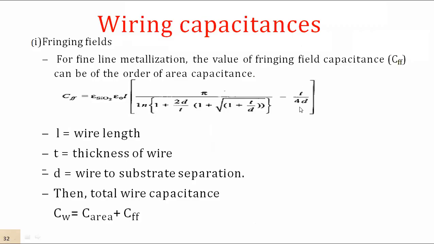Okay, next is the wiring capacitance. What is meant by wiring capacitance? What are the sources of wiring capacitance? There are other sources of wiring capacitance. Generally, area capacitance plus the other parameters influence the total capacitance. In the last classes we calculated the area capacitance of the different layers, between two different layers, say metal to polysilicon, metal and diffusion.